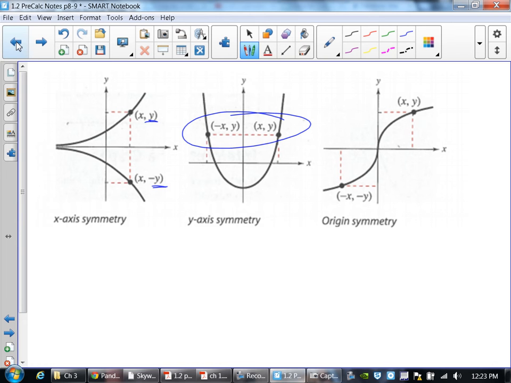So, in order to test, let me move this up here. X-axis. I'll leave it like that so we know what the curve might look like. Let's see, what was it? X, Y, and then it implied that it was X, negative Y. Pretty easy. Y-axis.